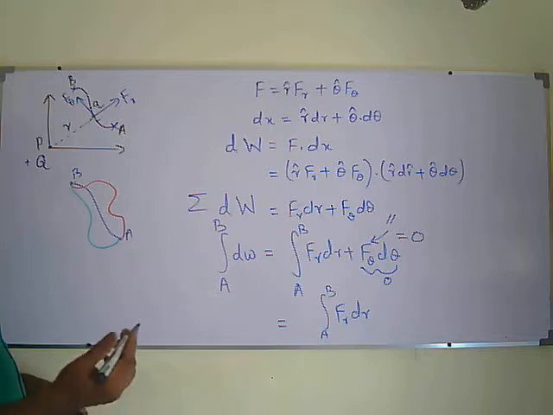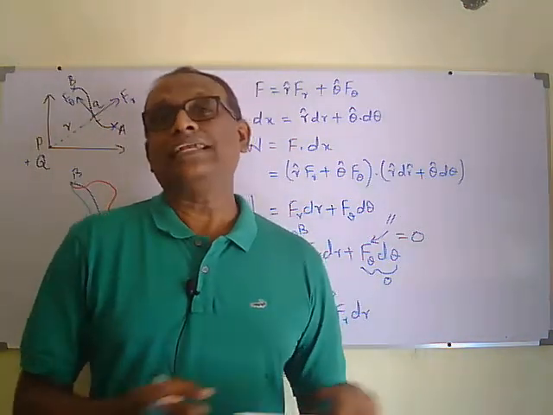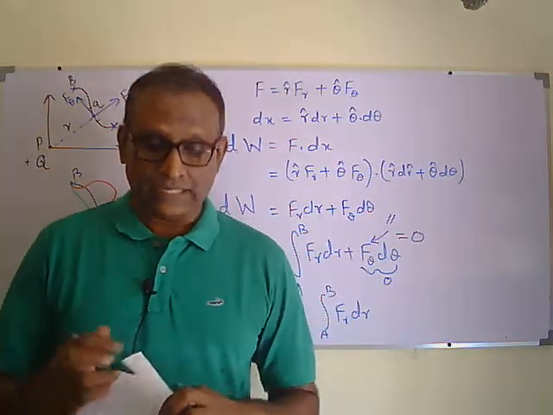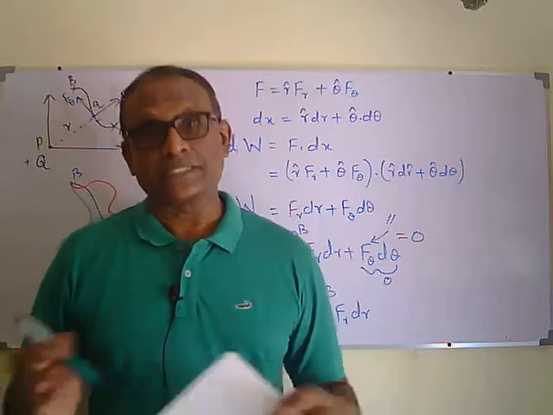Okay, so that means the work done does not depend on the path we take the charged particle in the electric field. Work done depends only on the initial and the final positions.